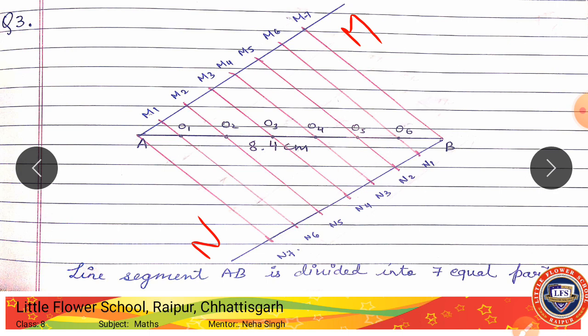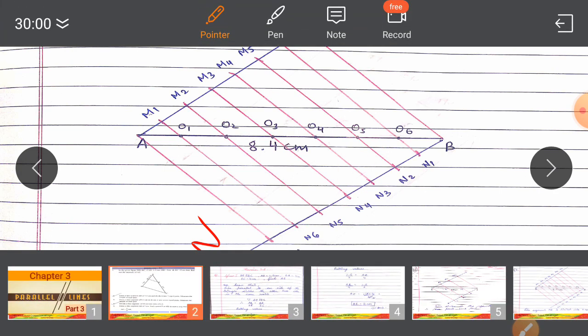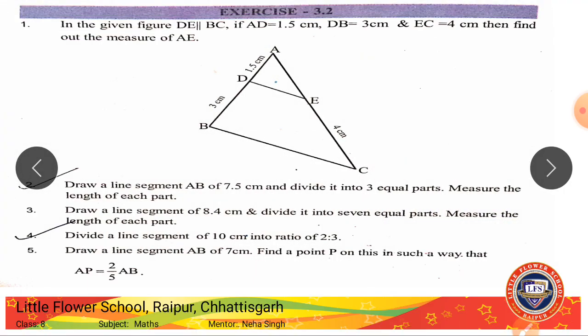Now it is asked that you have to divide the line in ratios. See here, fourth question. Divide a line segment of 10 centimeter into the ratio 2:3. Line AB we will draw of 10 centimeter and we have to divide it in the ratio 2:3.